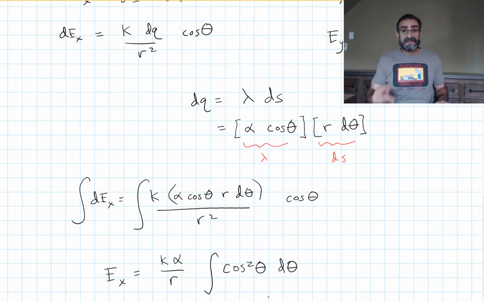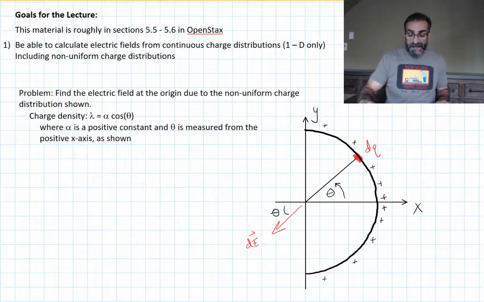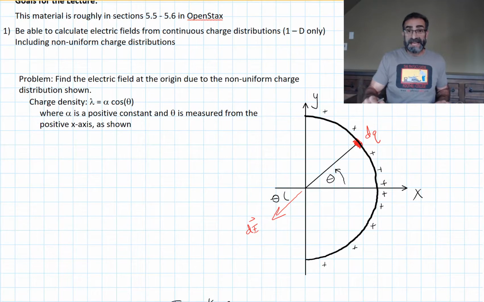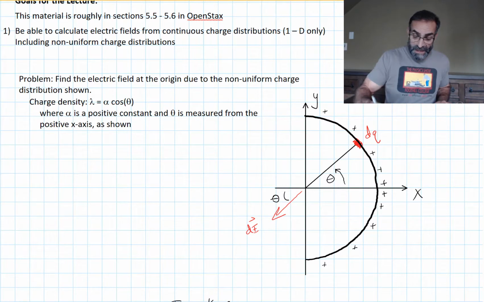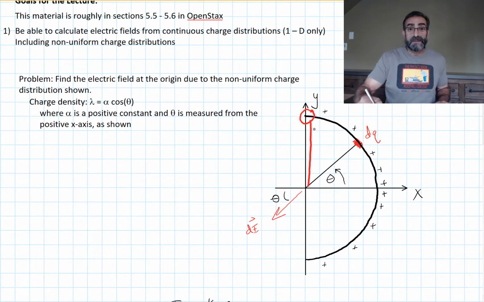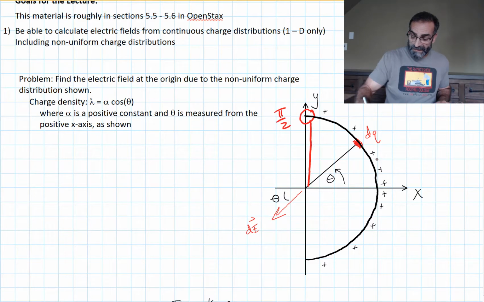And the next step is to get our limits of integration correct. Theta is defined from the positive x-axis. So that means that we have some charge up here. When we draw the line from that charge to the origin, theta would be equal to pi over 2. And if theta was over here, the line would make an angle of 0 degrees.